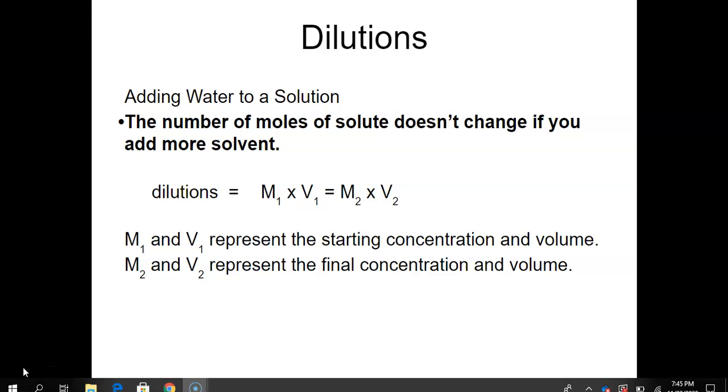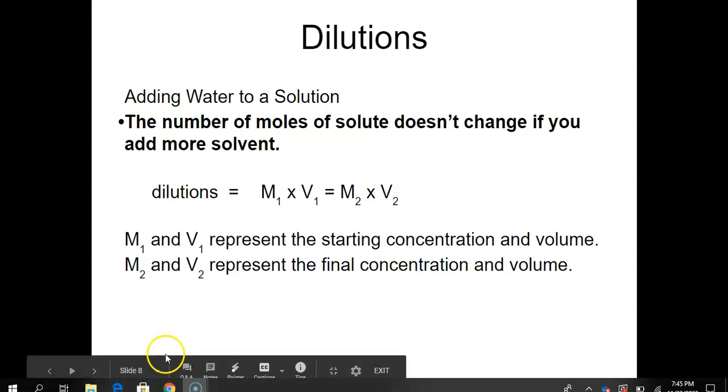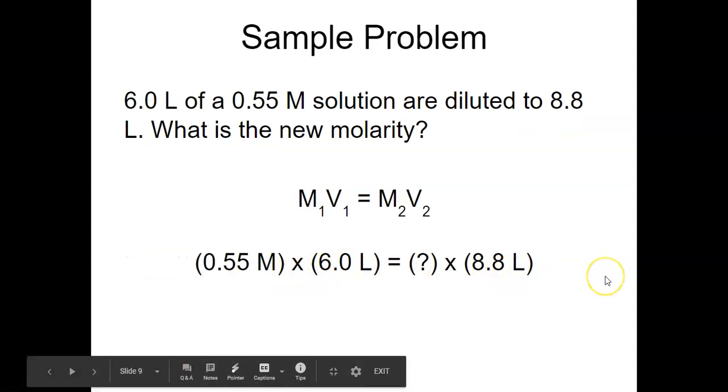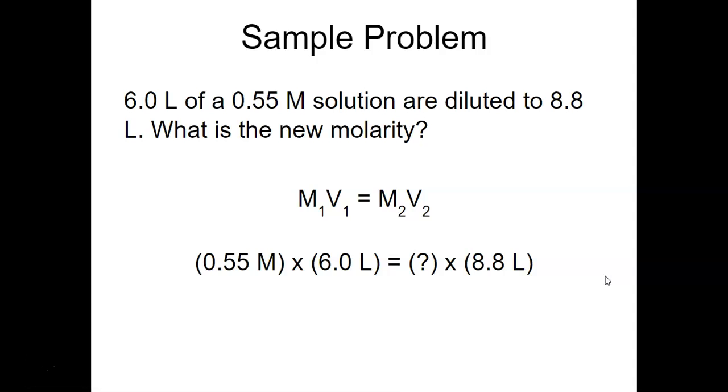So the molarity and volume of 1 is your starting concentration and volume. It's going to equal your ending concentration and your ending volume. Okay? So we're going to take a look at one. So if I had 6 liters of a 0.55 molarity solution, that's what big M is, molarity, and I dilute it to 8.8 liters, what's my new molarity?